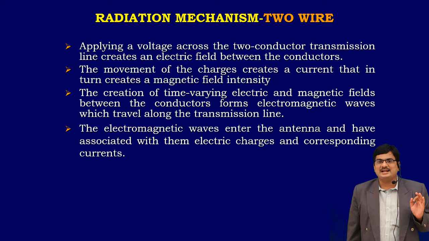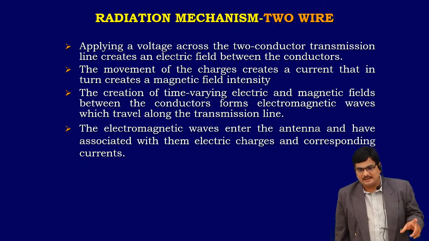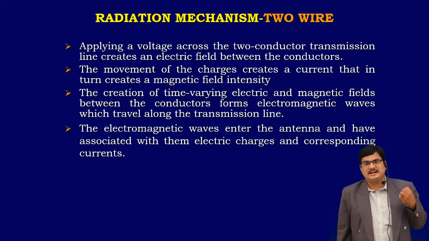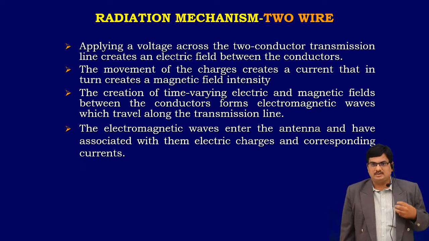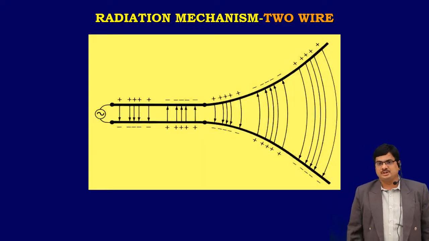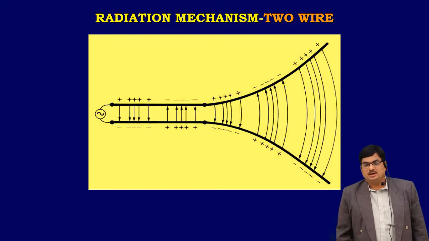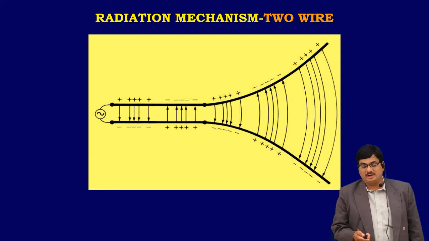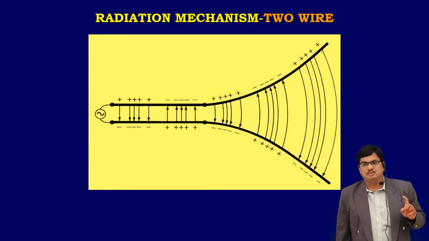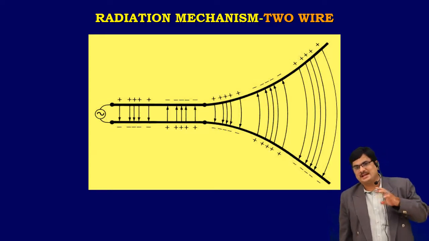So the electromagnetic waves enter the antenna, and from that antenna the associated electrical charges are there, and from that there will be corresponding currents. So this is the radiation mechanism of the two-wire antenna. When the AC voltage is given to the supply, the electrical current will move from the positive charges to the negative charges.